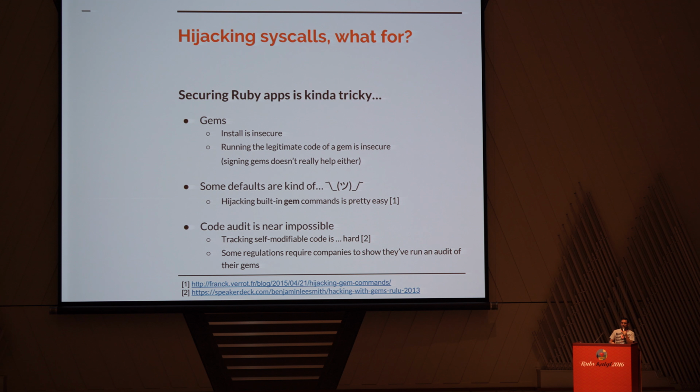It's not just about whatever is running in that Ruby gem, but also that just installing something is going to run the gemspec file and deserialize the YAML, and that is insecure by default. And there are also some defaults, like a did-you-mean type of feature in RubyGems. If you do gem in or gem i, it's going to call install because it recognizes that you can only mean install.